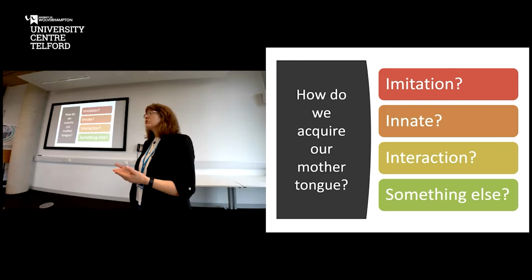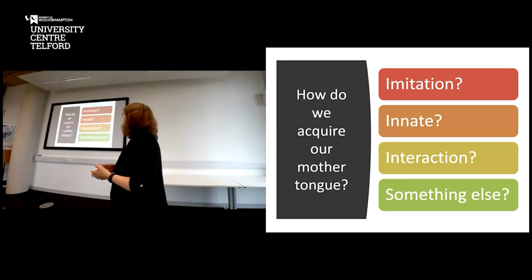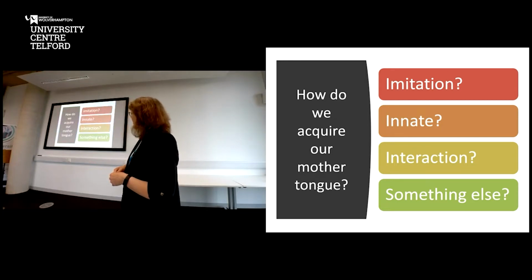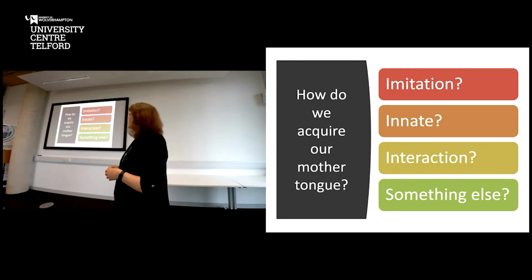So do children simply imitate what they hear around them? The second idea is that language acquisition is innate, that there's something in the human brain that makes it unavoidable almost to learn language.